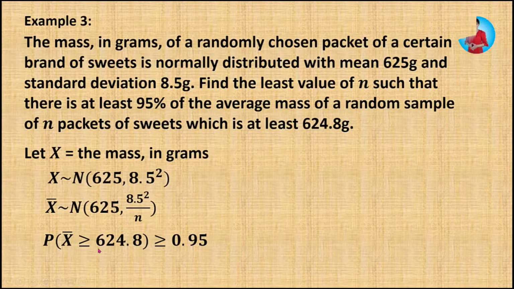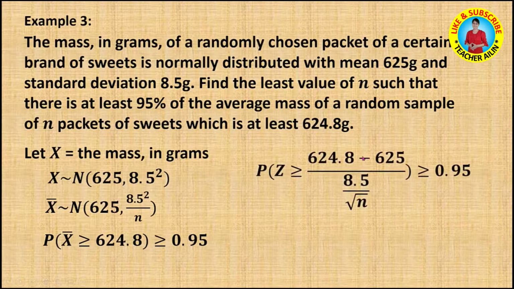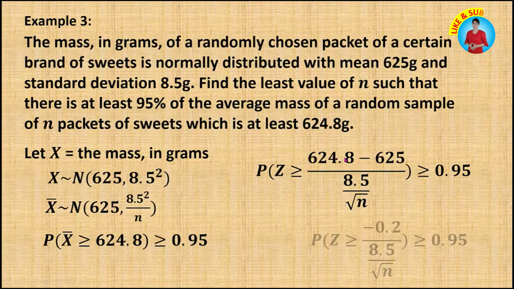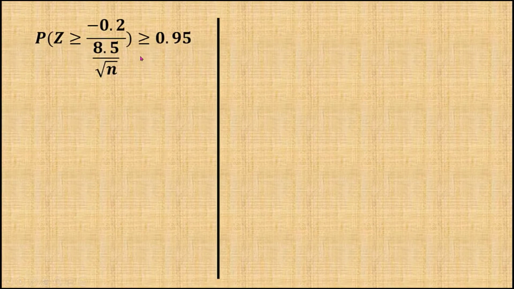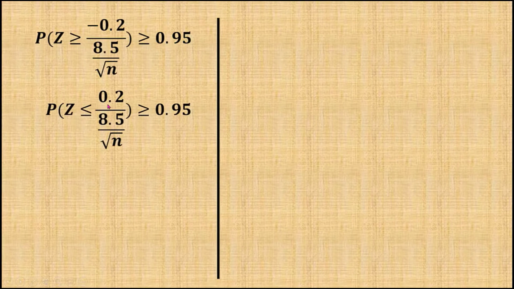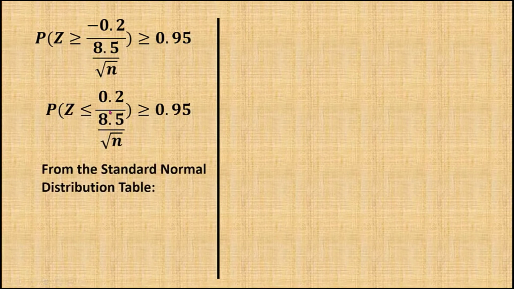So when I continue, I'm going to convert the bar x into a z-score. When I simplify, I find that this is a negative value, so I change it to a positive value. Now from the normal table, I find that under 0.95, the value is 1.645.